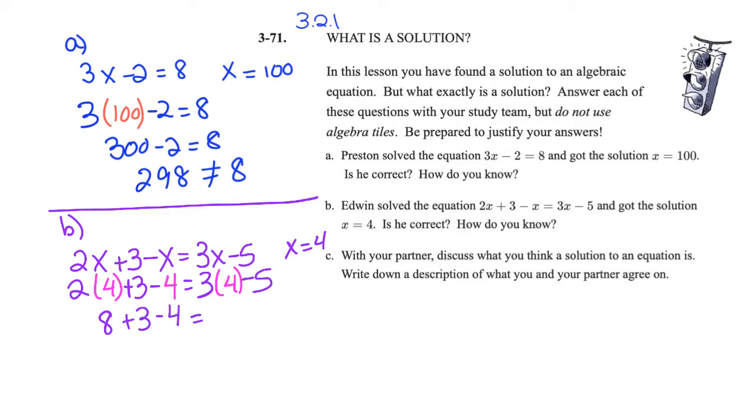Does that equal 12 minus 5? 8 plus 3 is 11. 11 minus 4 is 7. 12 minus 5 is 7. I do get the same value on each side. Both sides are worth 7 when I put 4 in place of x. So Edwin is correct. The answer for part B is 4.